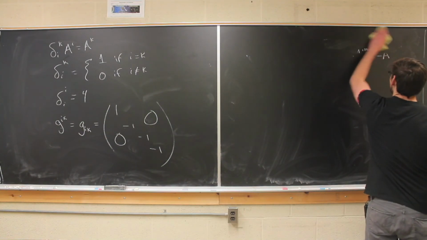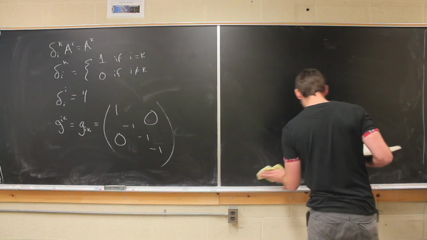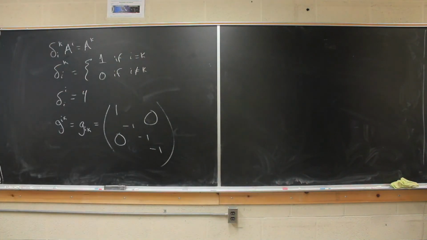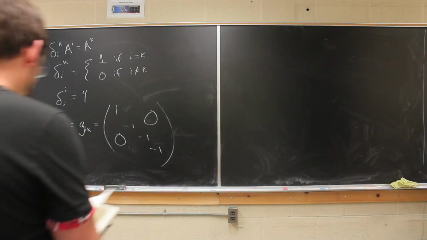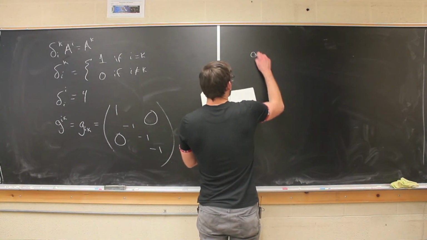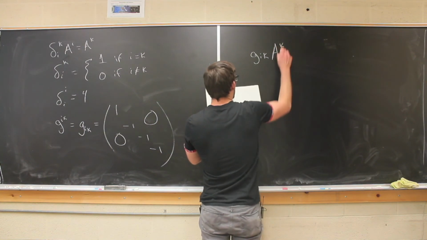So the question is, can we raise and lower indices in a tensor? And the answer is yes. Before, if you remember, the spatial components of a vector, when we went from covariant to contravariant, negated. So now we can imagine writing something like g_ik A^k, which is the tensor attached to A^k.